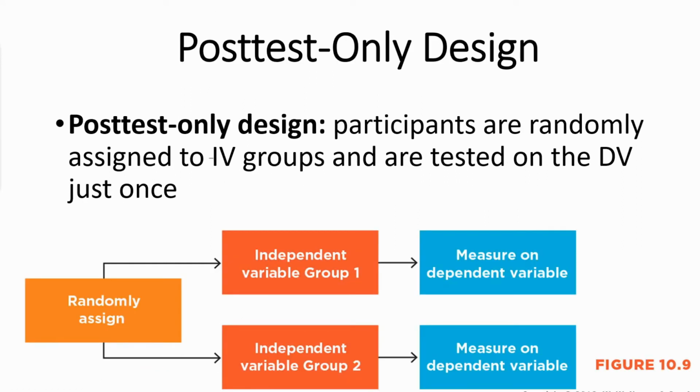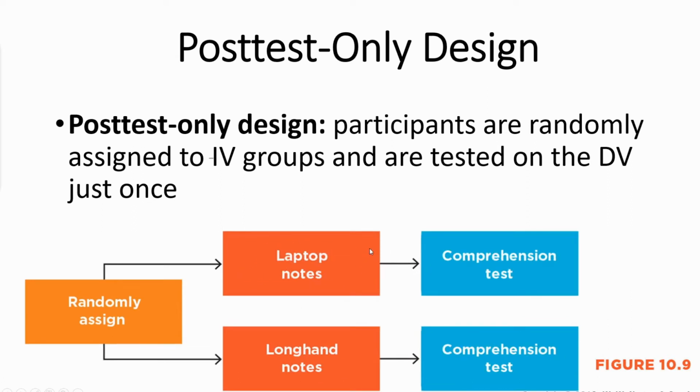So first up, we have our post-test-only designs. And in these setups, participants are randomly assigned to our independent variable groups and are tested on the dependent variable just once. So this is what we've seen so far. So you have random assignment, you get put into group 1 or group 2, and you are given a particular treatment. We can use our laptop versus longhand notes example.